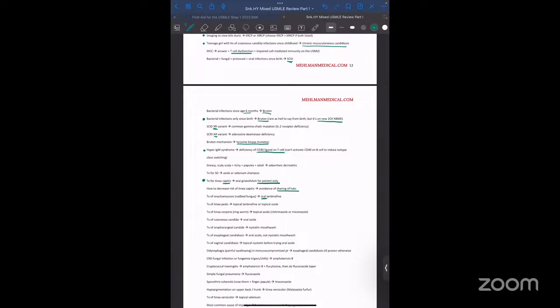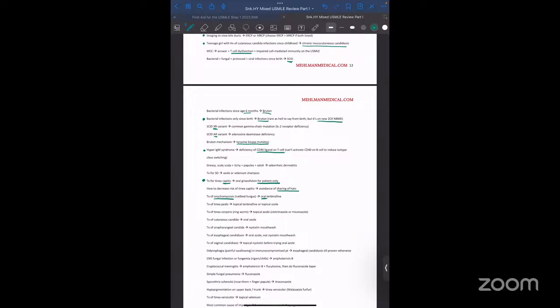So for capitis and nail, it is oral treatment. For tinea pedis, that is the foot, topical terbinafine or topical azole. For tinea corporis, the ringworm, topical azole, clotrimazole or miconazole. Treatment of cutaneous candida, oral azole.